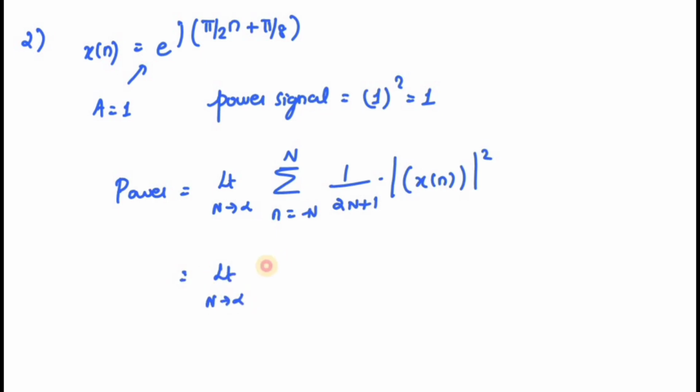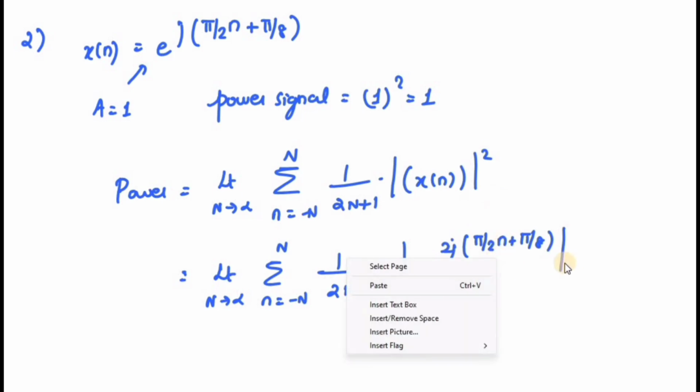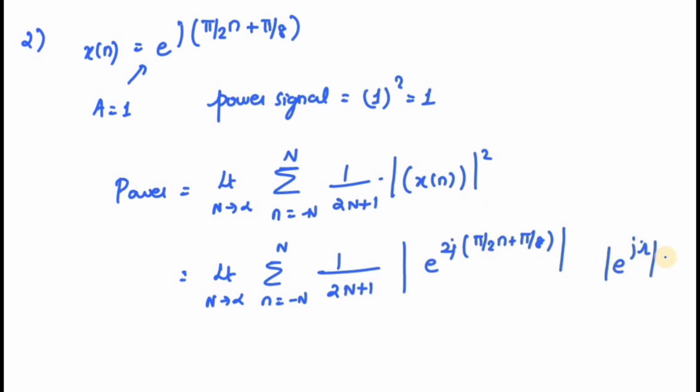So this is the formula. Now you substitute: limit n tends to infinity, summation n equal to minus n to n, 1 divided by 2n plus 1. If I substitute the whole square, it becomes e power 2j times pi by 2 of n plus pi by 8. The modulus of e power j something is equal to 1.